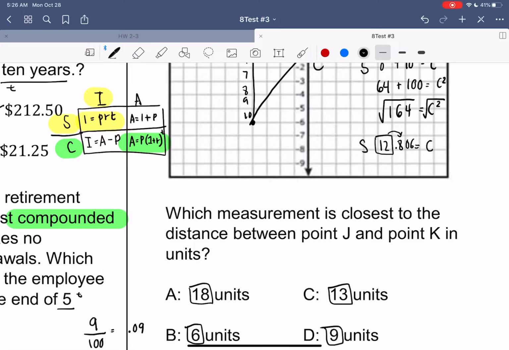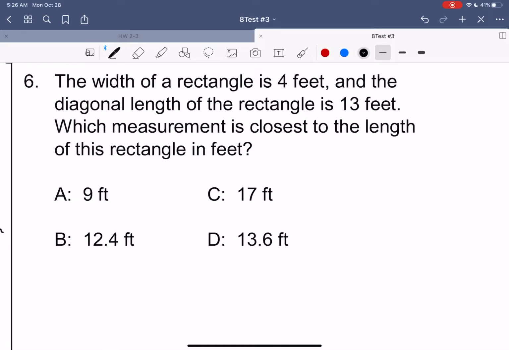Okay, now we have the width of a rectangle is 4 feet, and the diagonal length of the rectangle is 13 feet. Which measurement is closest to the length of this rectangle in feet? Okay, first let's draw a rectangle.